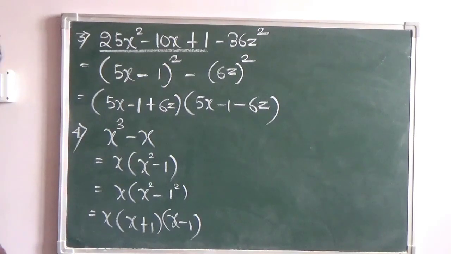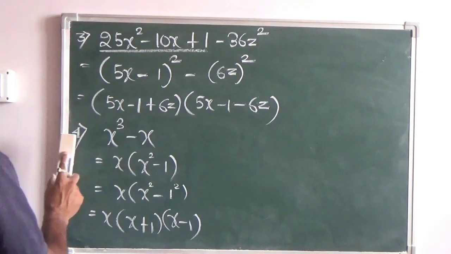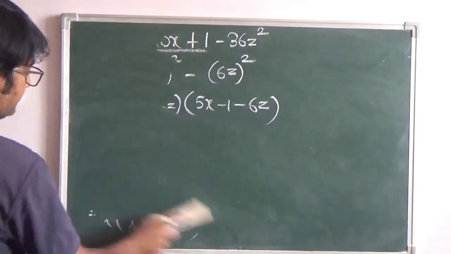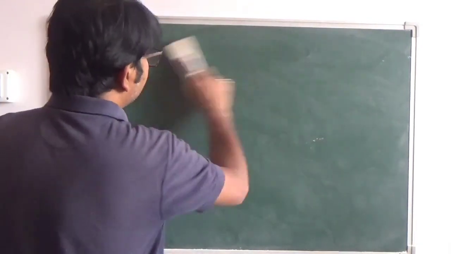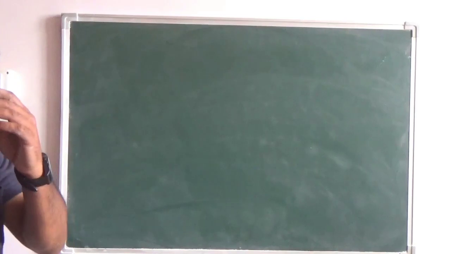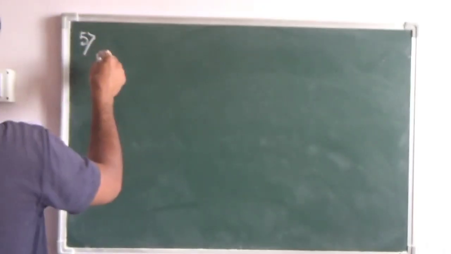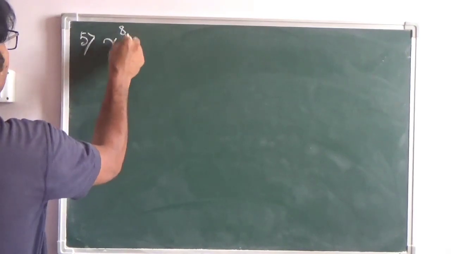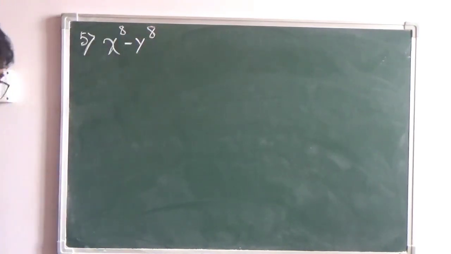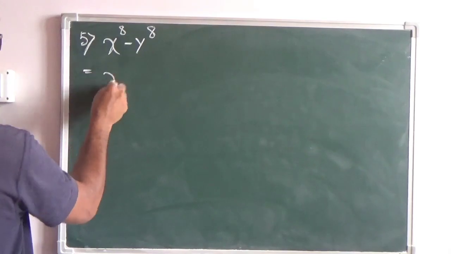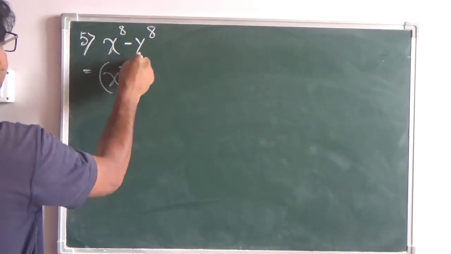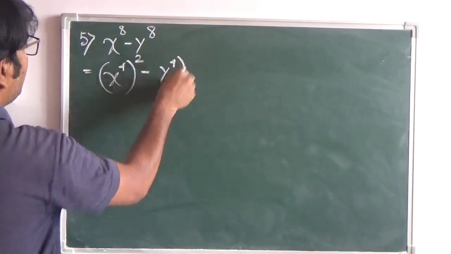Now the next one is number 5. x to the power 8 minus y to the power 8. You can write it as (x power 4) whole square minus (y power 4) whole square.